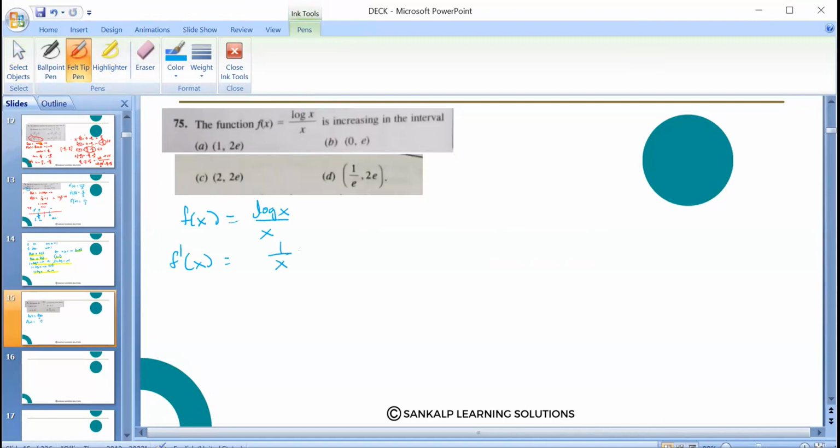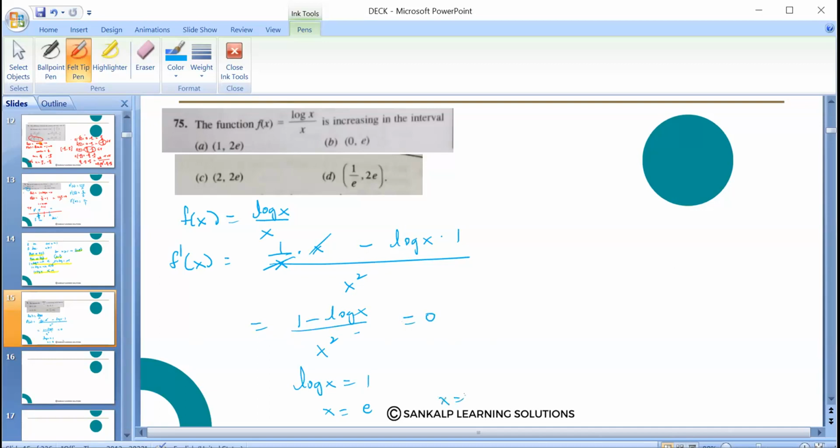Log x derivative is 1 by x, into x minus log x into x derivative, over x square. So we have 1 minus log x by x square. Increasing means f dash. First you have to take it equal to 0. Log of x equal to 1, x is e.